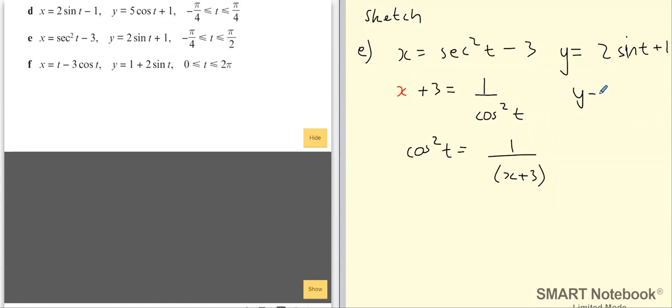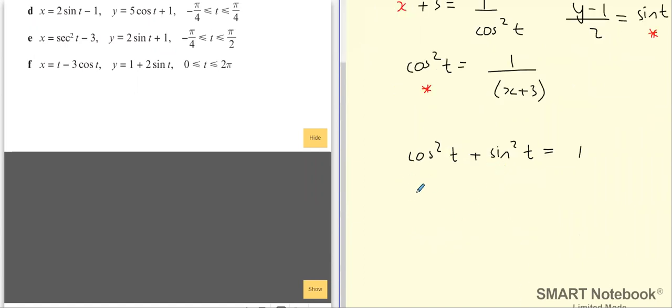So say y minus 1 over 2 equals sine t. So can I find a link between cos squared t and sine t? Well, I know cos squared t plus sine squared t equals 1.